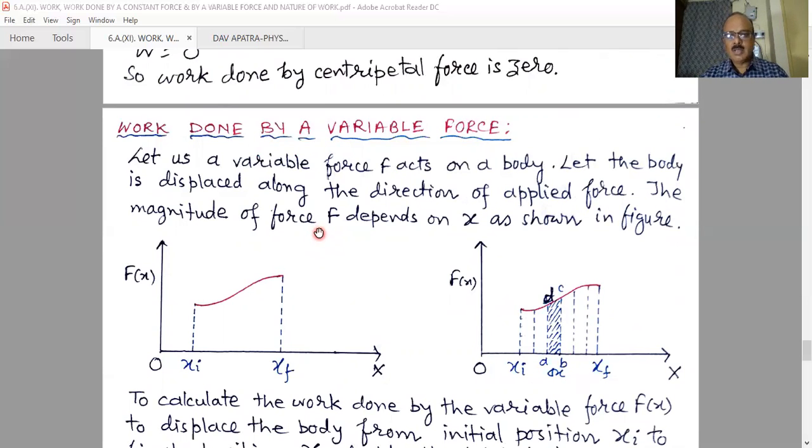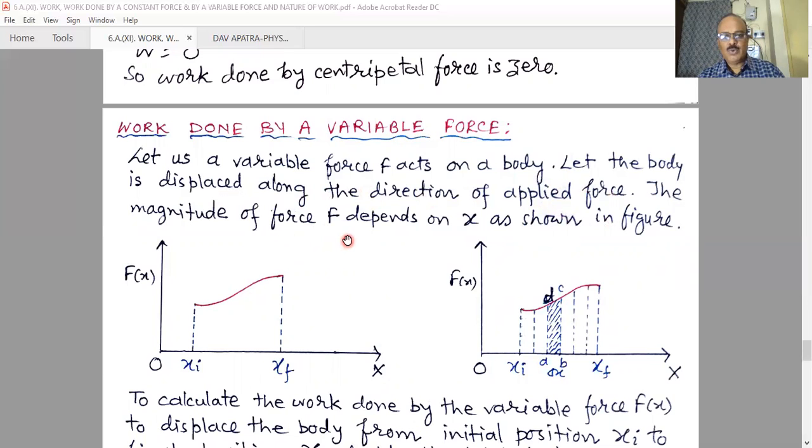In the different cases, we have already calculated in the above examples, taking the applied force to be constant in nature. But in our daily life, the force is not always constant; rather, we face variable forces. Let us say a variable force F acts on a body, and let the body be displaced along the direction of the applied force.